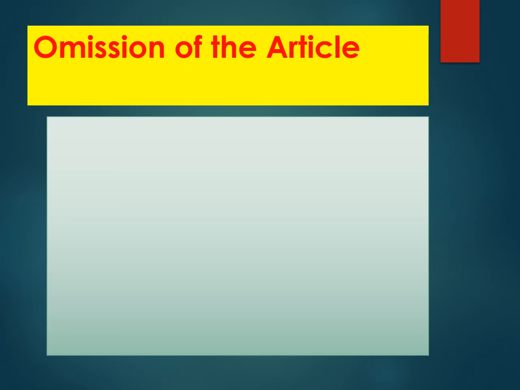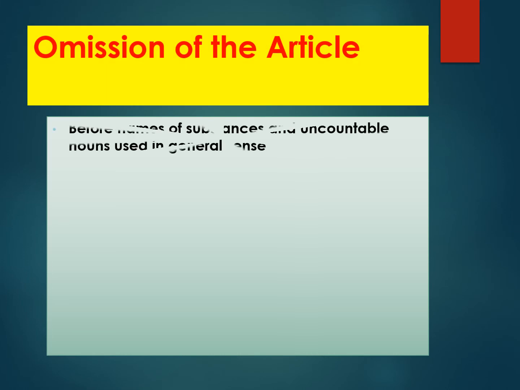Students, up to now, we have learned where we should use articles. Now we will learn where we should not use articles. Articles are omitted before names of substances and uncountable nouns used in general sense.